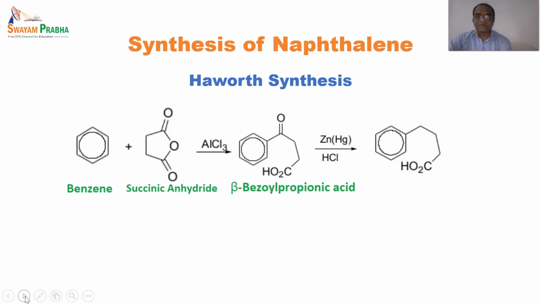So zinc is alloyed with mercury, and in presence of acidic conditions it only reduces the carbonyl type of double bond, and it forms gamma phenyl butyric acid.